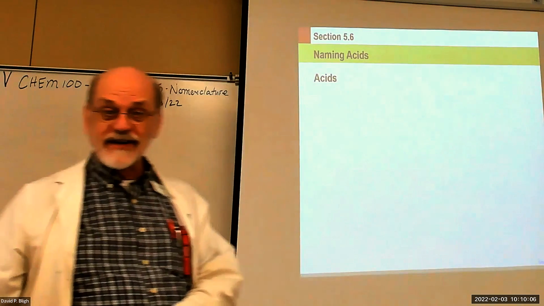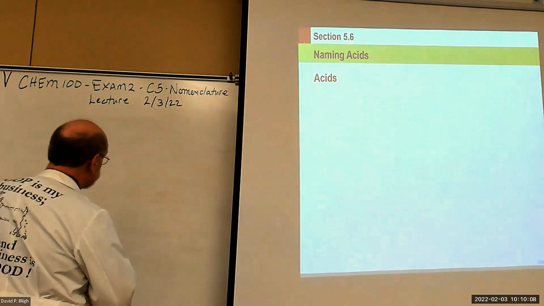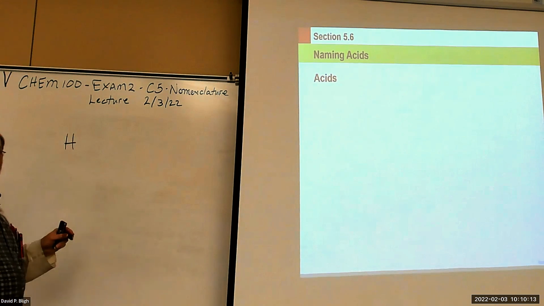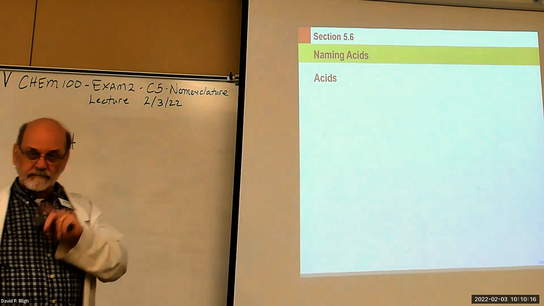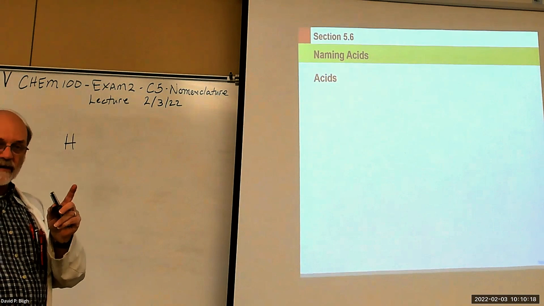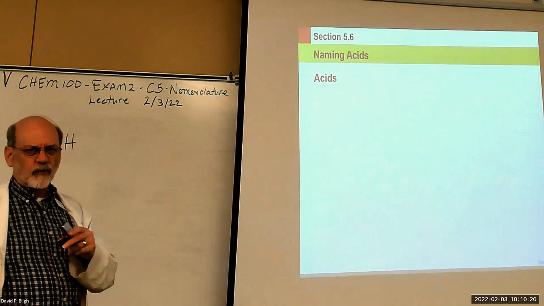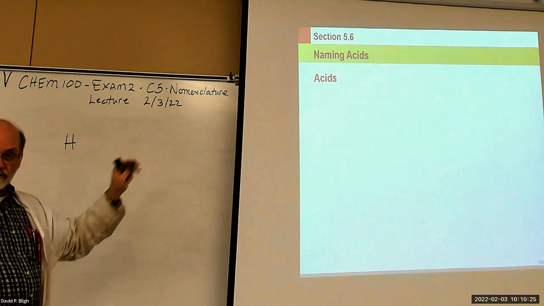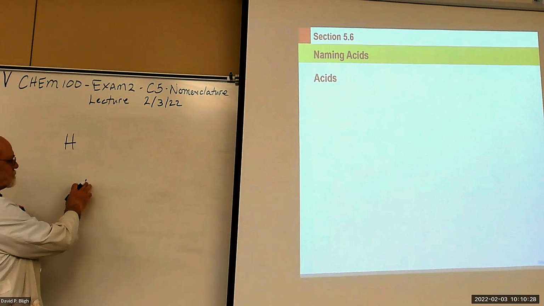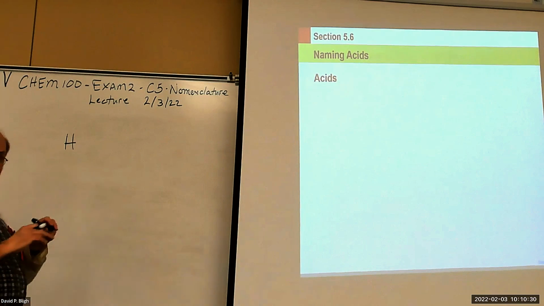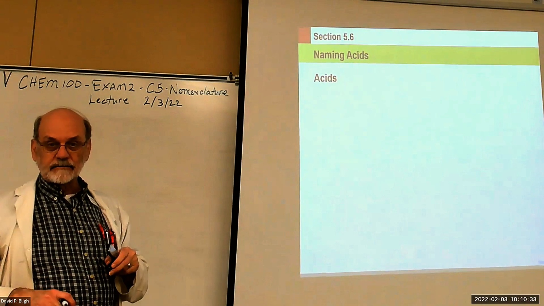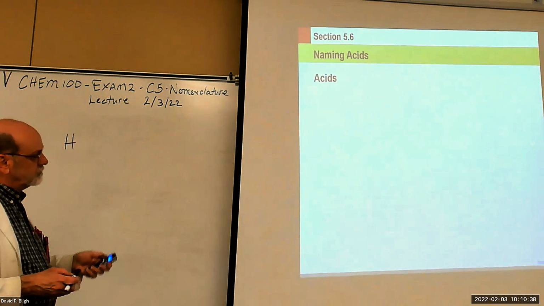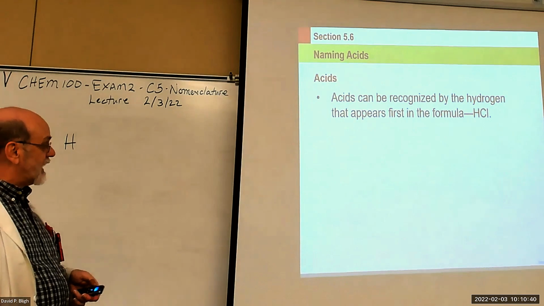Well, first of all, what is an acid? Well, an acid is going to start with hydrogen, at least 1, sometimes 2, sometimes 3. I think you can have 4, but I've never seen it. But you start with hydrogen, and then you have something beyond it. And very often, it's a polyatomic ion. Not always, but often. So that's how you recognize an acid.